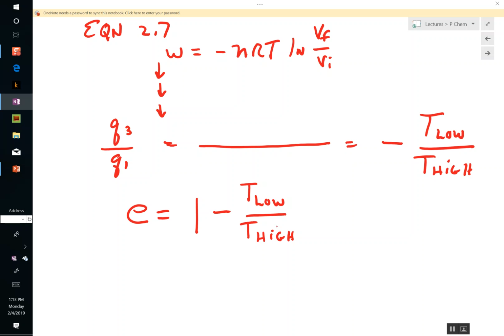How could you get this to 1? You would have to get the cold reservoir to absolute 0. If your cold reservoir was at 0 Kelvin, then you could have a 100% efficient engine, but we can't get anything to 0. So here's the limitation on the whole thing. No engine can be 100% efficient.